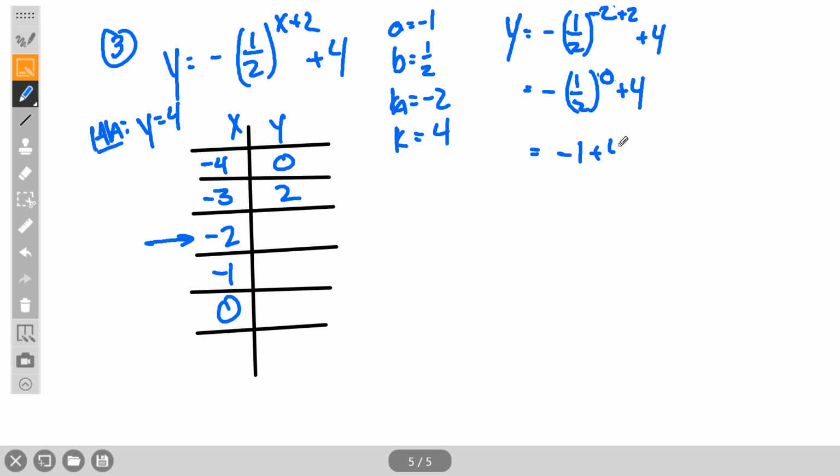So that's -1 plus 4, which is 3. All right, next we plug in -1. So -1 plus 2, that's 1. So that's -1/2 plus 4, which is 3.5.